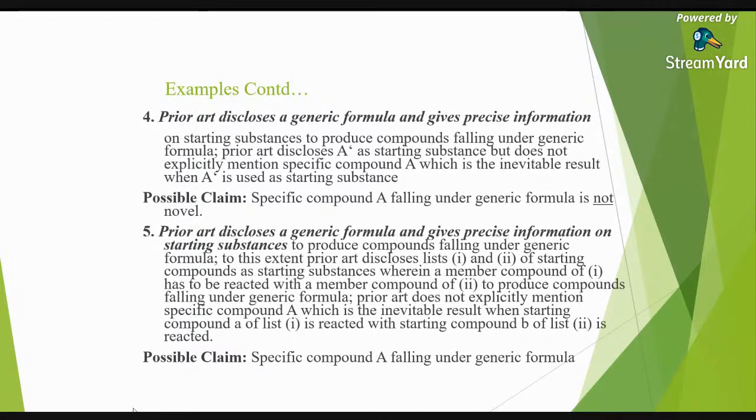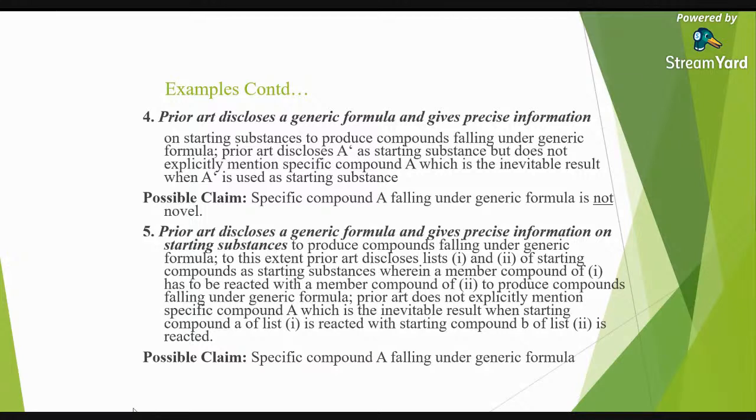Then if the prior art discloses a general formula, and it gives precise information on starting substances to produce compounds falling under the generic formula, then in that case, a specific compound A falling under the general formula is not novel because that is something which is already existing in prior art.